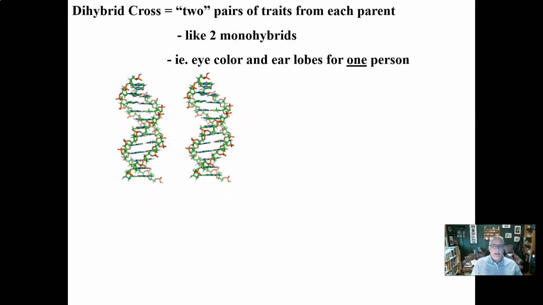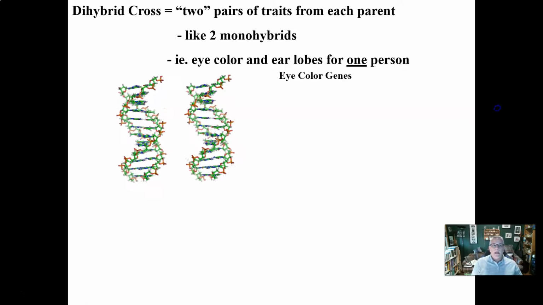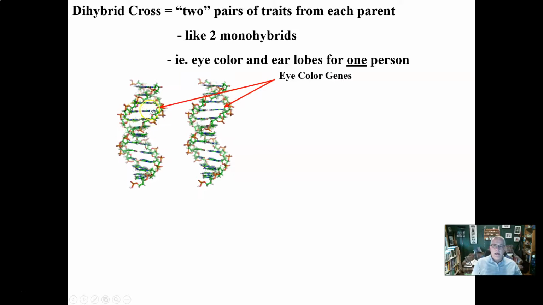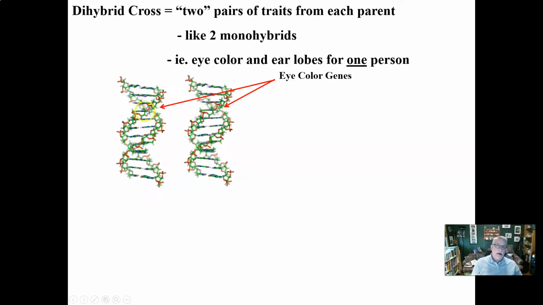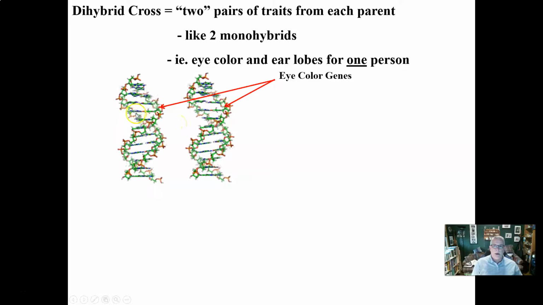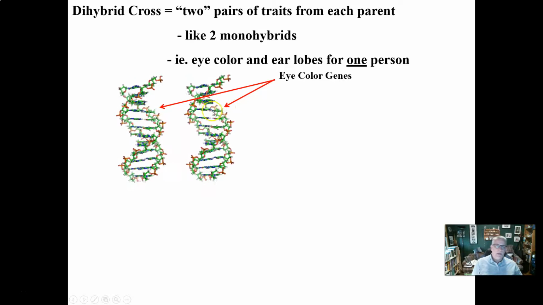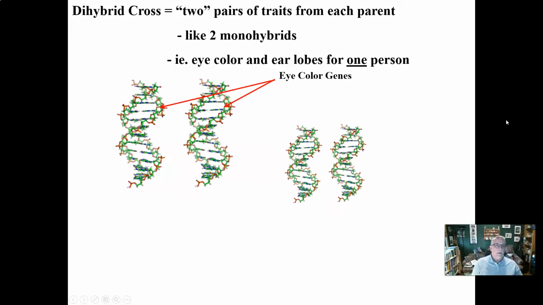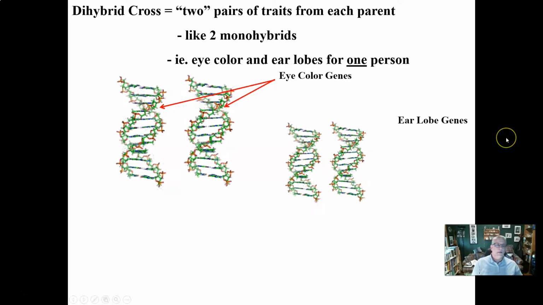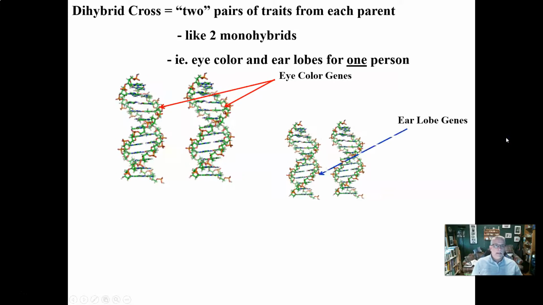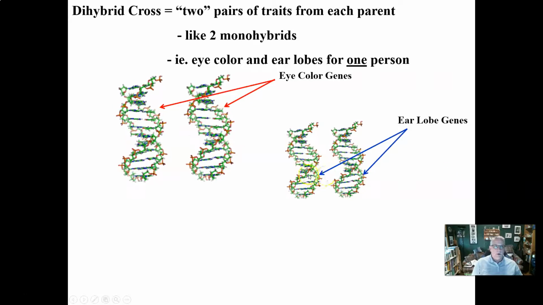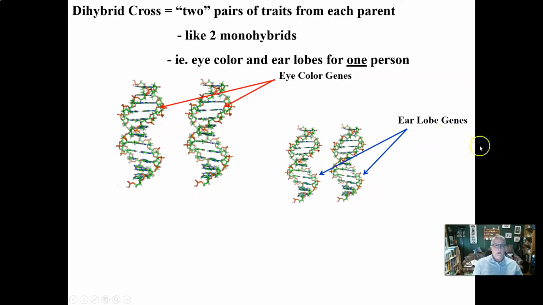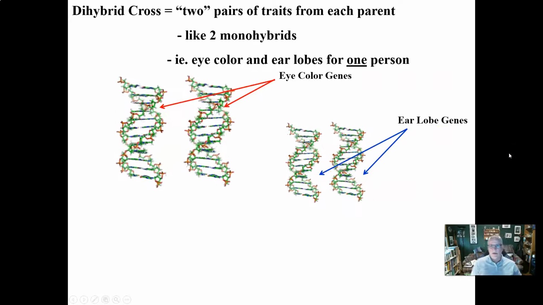So, again, to give you a big picture of this, the eye color gene, let's say hypothetically, would be found in an area on the DNA molecule, say from this person's mom and then from this person's dad originally. If we're doing a dihybrid, we're including another set of DNA molecules. Let's say, for example, there's a gene for earlobe type down here and down here. Again, this is all hypothetical, all right? Just to give you a graphic of all this.